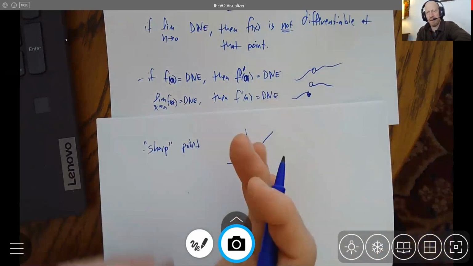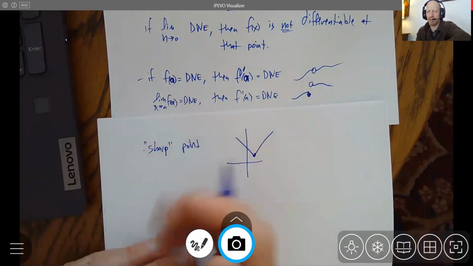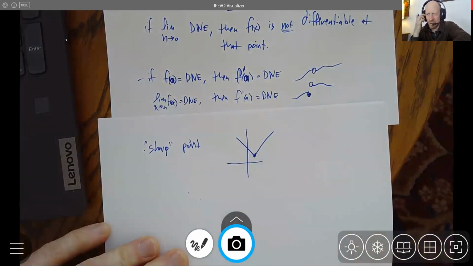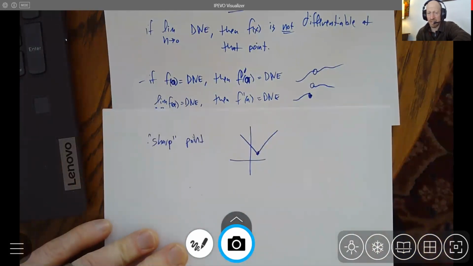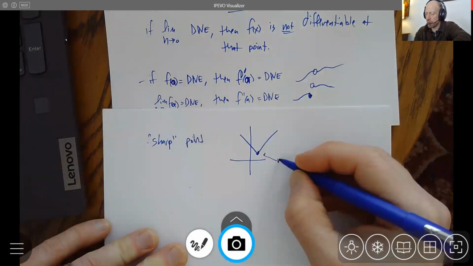And so when you try and find the limit there, you're going to get totally different values when you come from the left and when you come from the right. So the one-sided limits won't match and the limit won't exist. So this is not differentiable at that point.